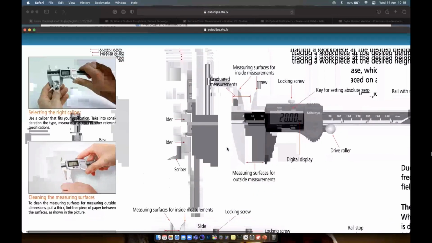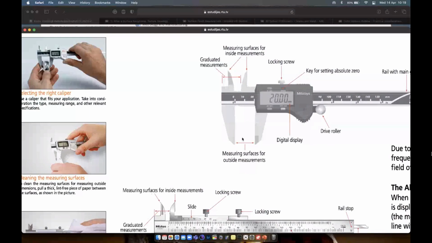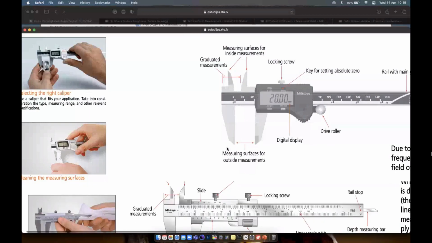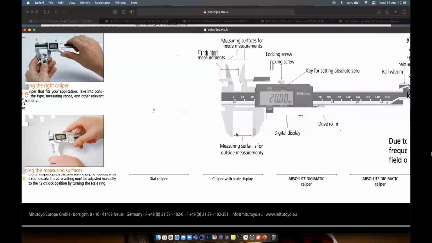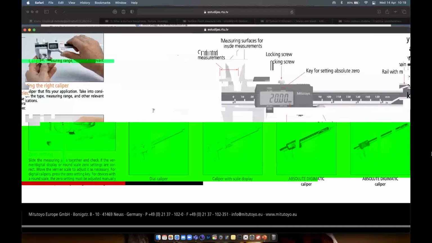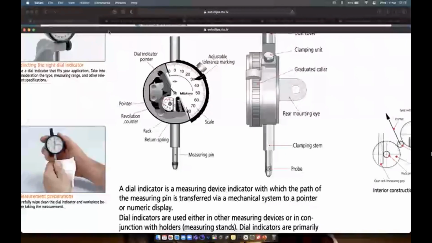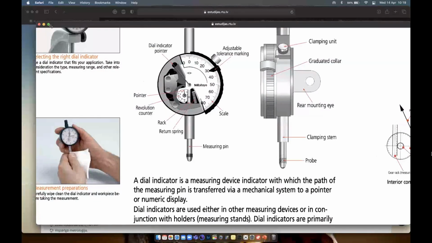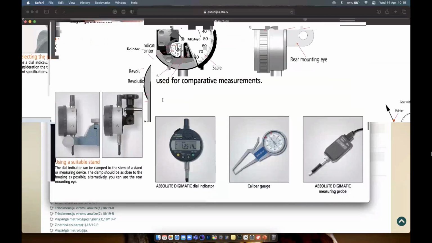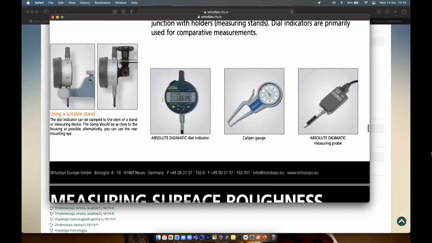And more importantly, for small tools like the caliper, it's again how to take care of them and how things are called, and you can also see different types of them. It's a nice small review-type poster which can really highlight very basic, very important things about all the typical measurement tools.